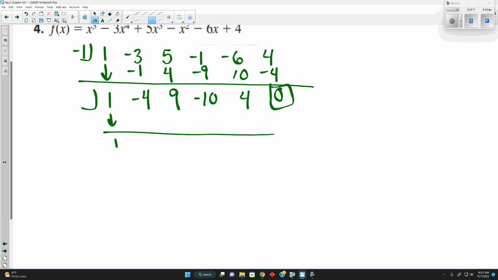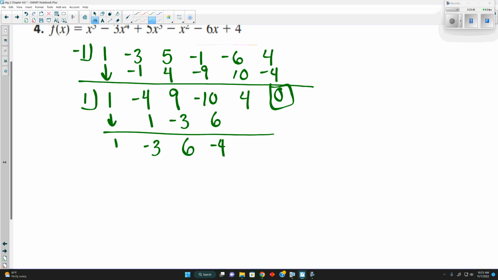So what number can we do next? 1. 1 times 1 is 1. -4 plus 1 is -3. 1 times -3 is -3. 9 plus -3 is 6. 1 times 6 is 6. -10 plus 6 is -4.